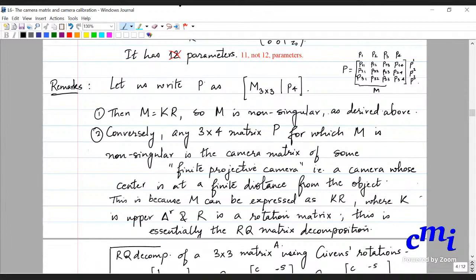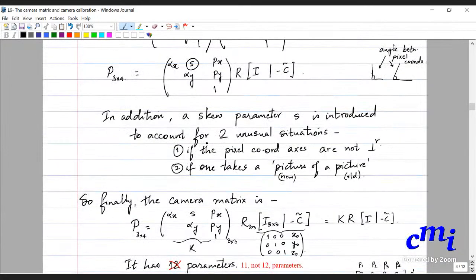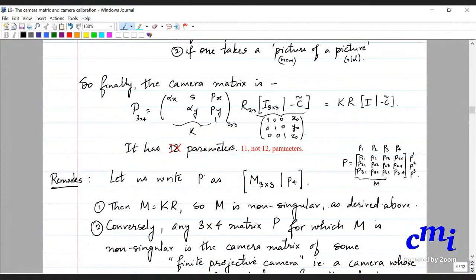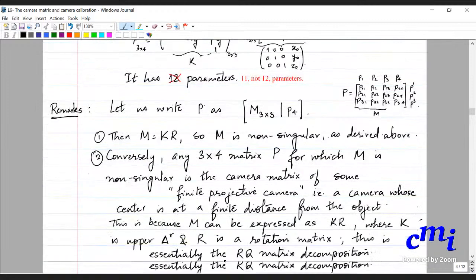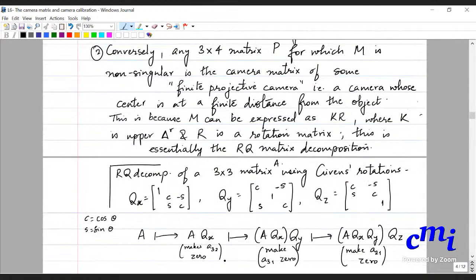So this was the important thing towards the end: if you start with the camera, this is the camera matrix, and on the other hand, you could start with any 3x4 matrix in which the first 3x3 part is non-singular. Can you express that, or will that matrix be the camera matrix of some finite projective camera? You can ask this converse question, and this was an attempt to answer that.